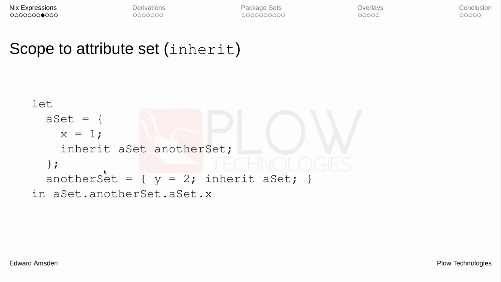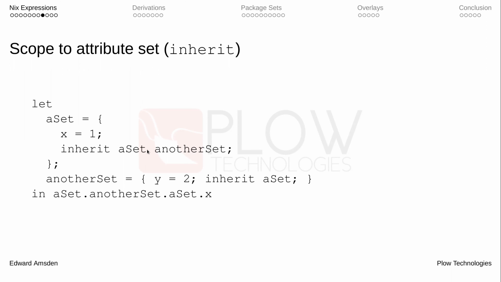But this just inherits the set from the scope, which is defined by our let binding here, and the another set, and just makes them attributes of the attribute set that we're defining. And then again, in another set, we inherit set. So inherit takes a list of things, and that first inherit is equivalent to two separate inherit statements. Yes, yeah.